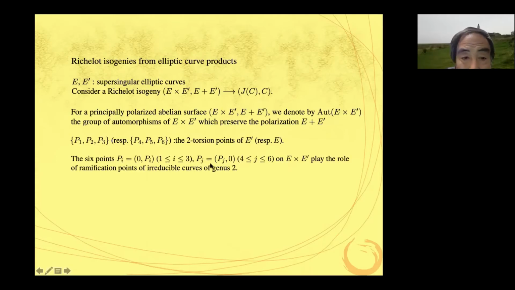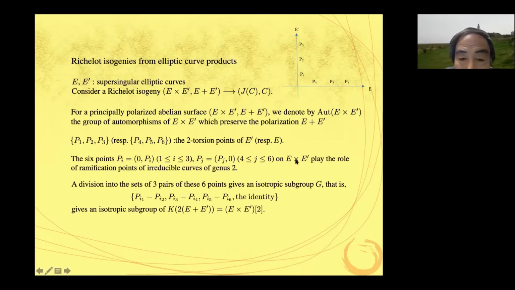And we consider 2-torsion points on E prime and 2-torsion points of E. Then these points exist on the product like this. This is E prime, and this is E, and 2-torsion points here and here.